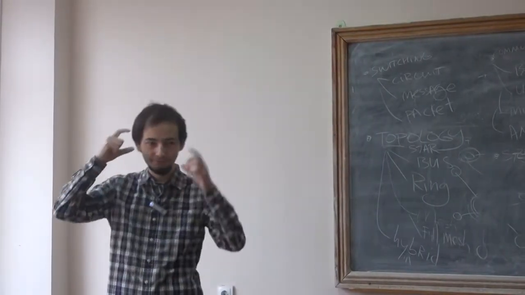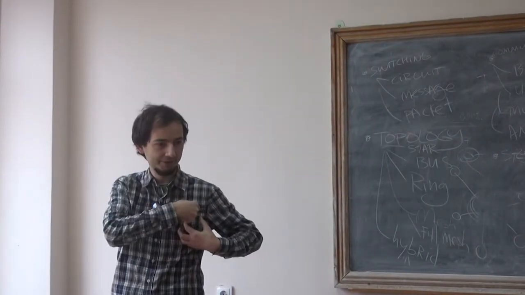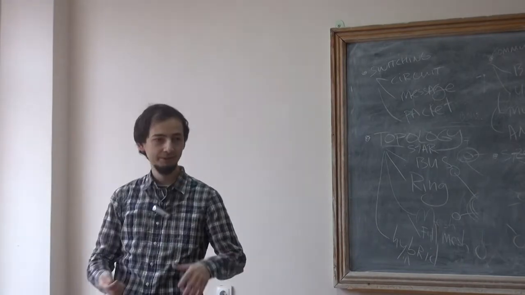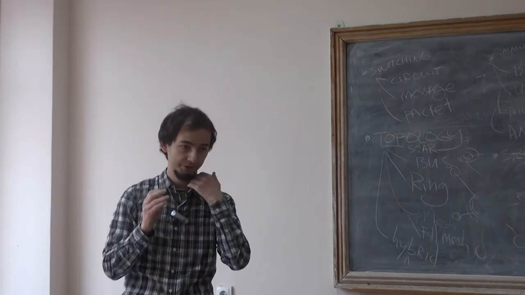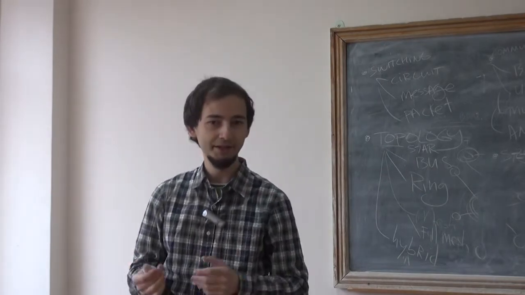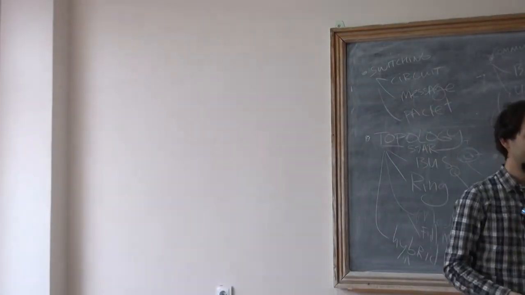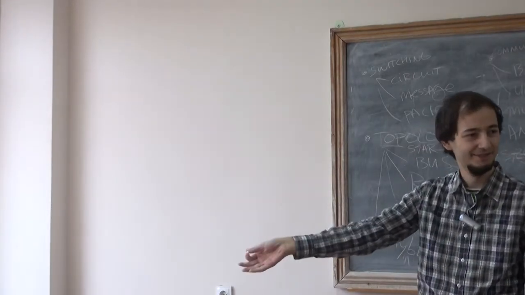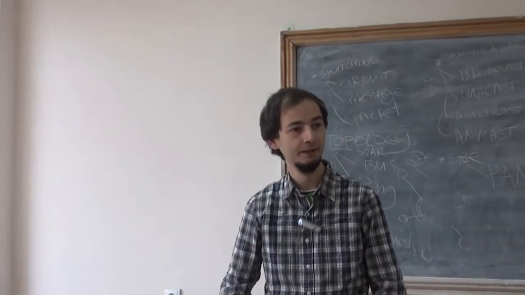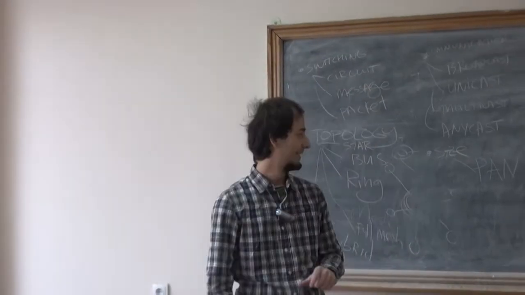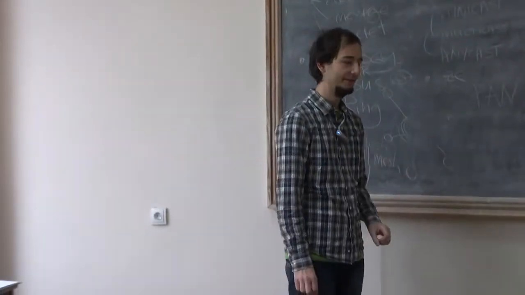And it works from this far to wherever my phone is, here or maybe here or in the bag. A few meters, that's the range where it works. Of course, you cannot use this technology to connect Chisinau with Balti because it's too far away. But on a personal scale, that's the right thing.